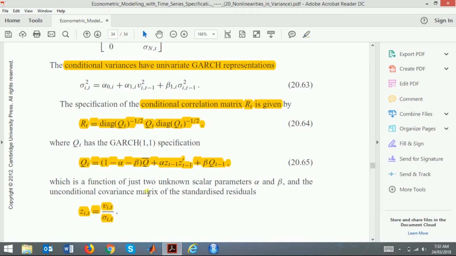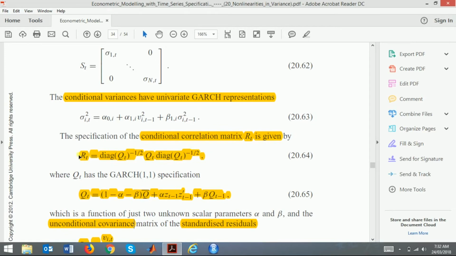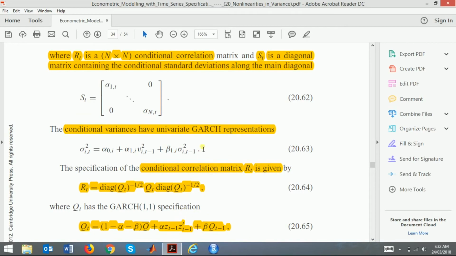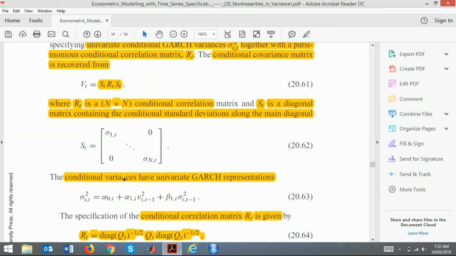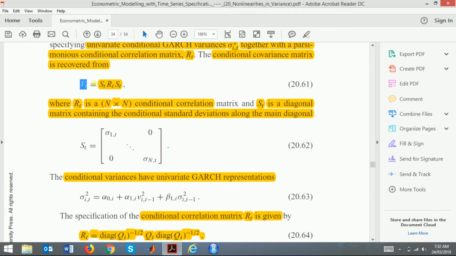Z is epsilon divided by sigma, which gives the standardized residuals. The unconditional covariance matrix of standardized residuals is located here, as well as alpha and beta. With that we have Q, which is the GARCH(1,1) specification, and when we decompose Q, we get the conditional correlation matrix. GARCH is simply separated, and from R we get S. So SRS gives us the conditional covariance matrix.